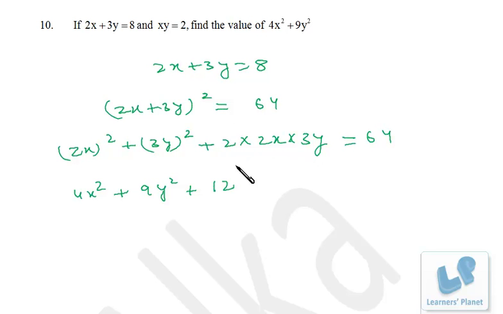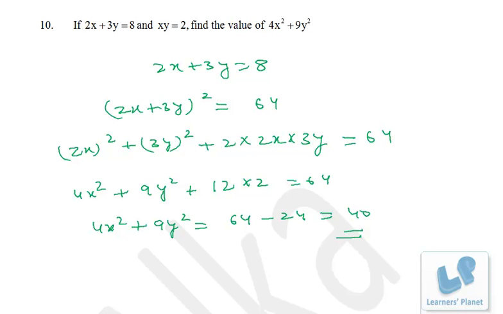The value of xy is 2, so I put 2 over here. 64. So 4x² + 9y² is 64 minus 24, that's 40. So easy to do. Just a minute observation is needed.